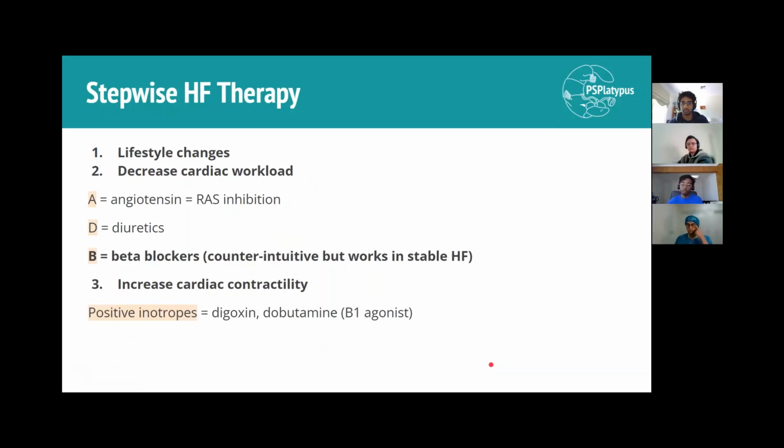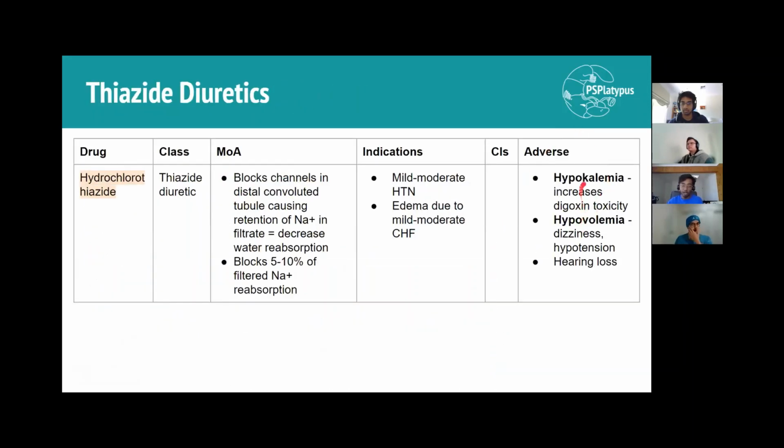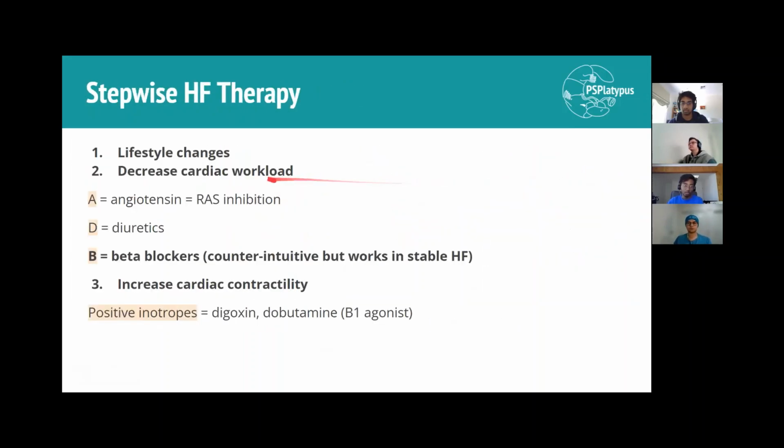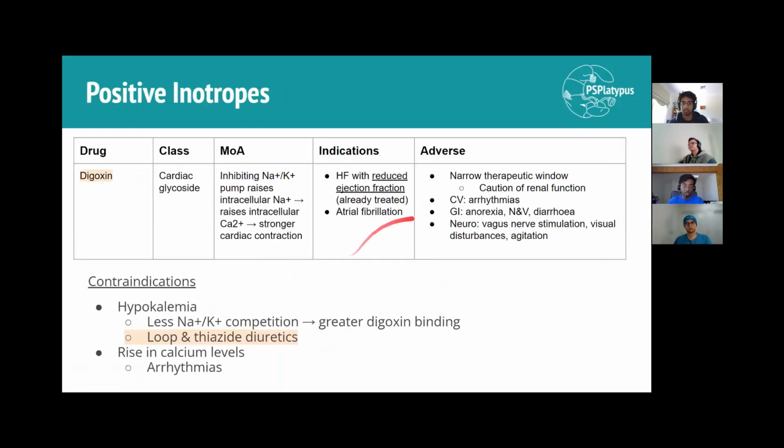You might recall that I talked about how hypokalemia increases digoxin toxicity. So that goes to show that you can't use it with loop and thiazide diuretics. But anyway, digoxin is called a cardiac glycoside, and the main way that it works is at the site of myocardiocytes, the specific cardiac muscle cells, it inhibits the sodium potassium pump.